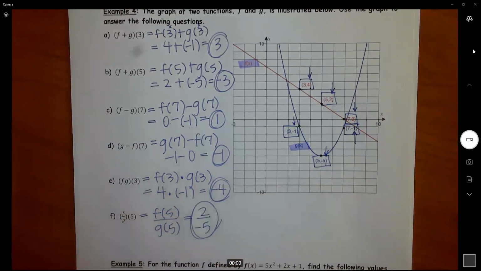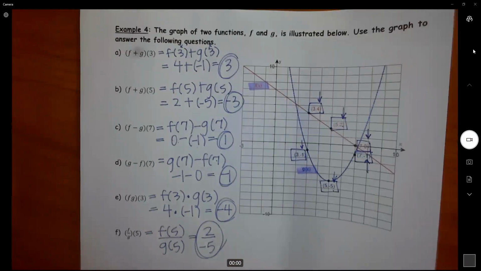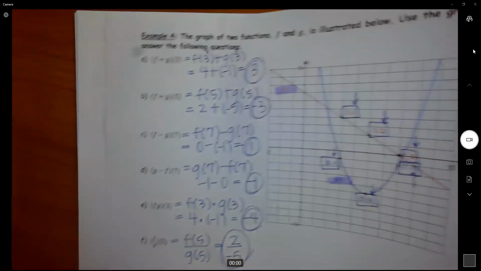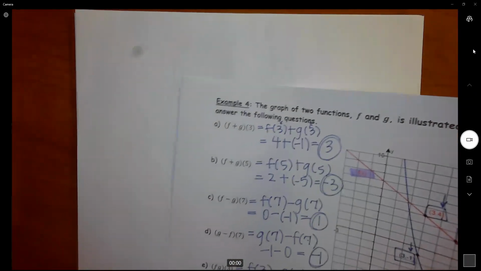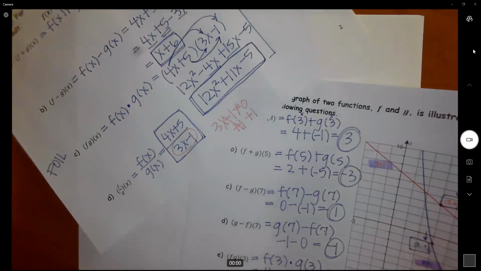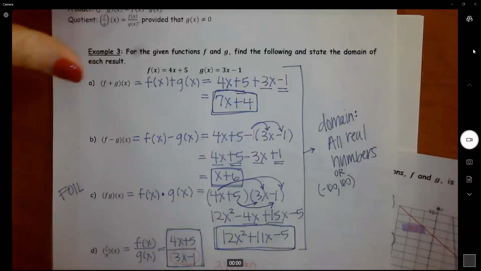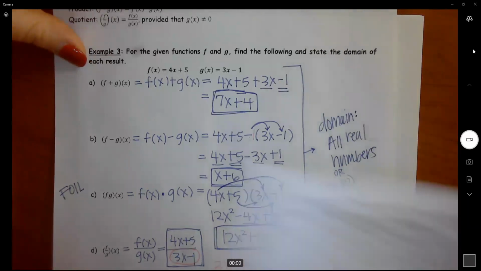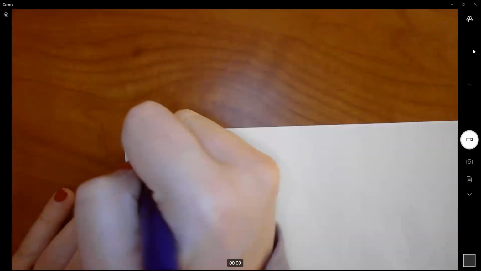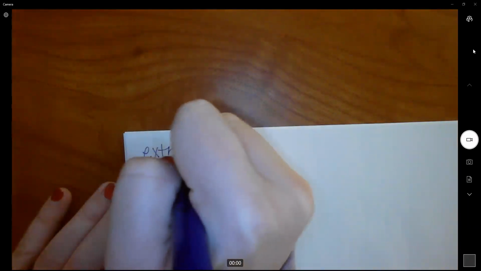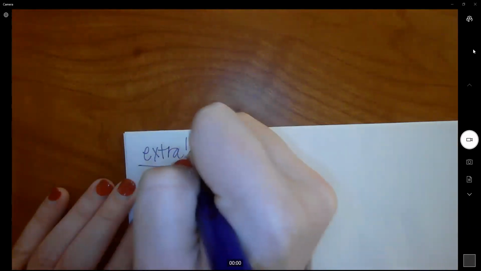Now this is not part of your notes, but I do want to show you something. It's kind of combining example 3 here with example 4. Okay, and this will help you on your homework.